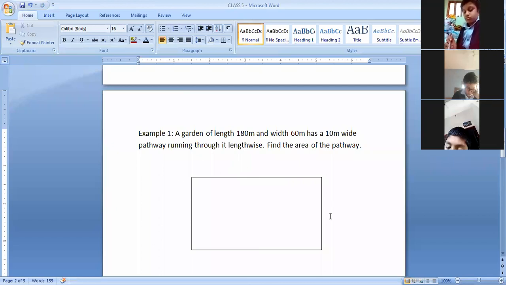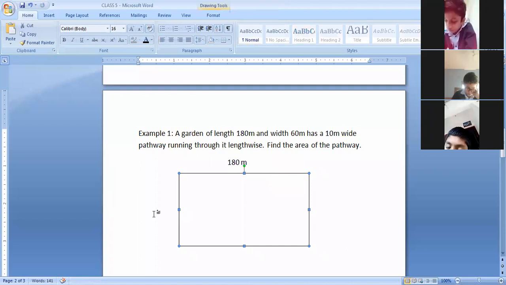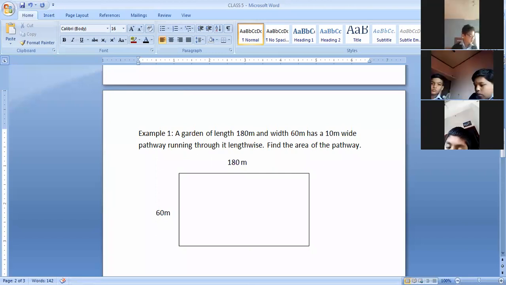Okay, you may copy this to your notebook. 180 meter to the left side of your notebook. 180 meter is the length and 60 meter is the breadth. And we have a pathway running through it lengthwise. It's a lengthwise pathway.